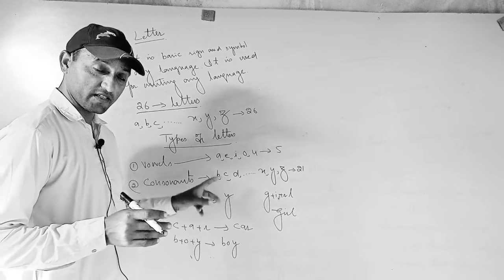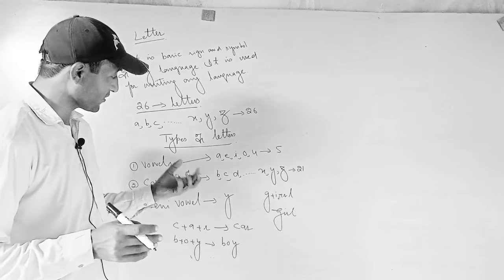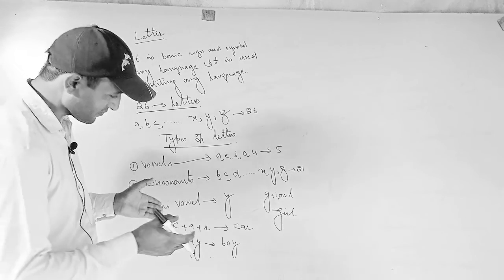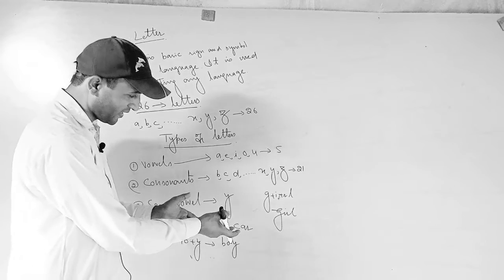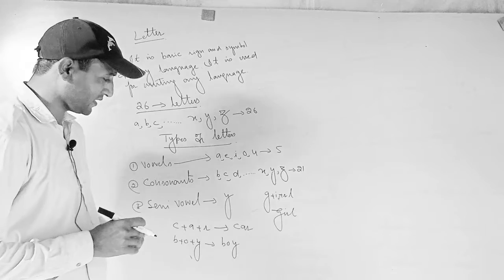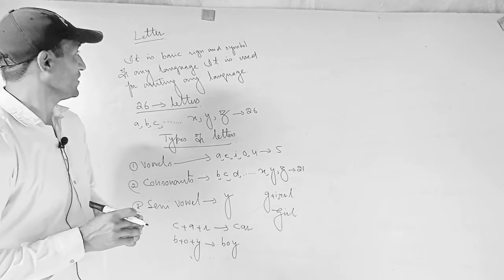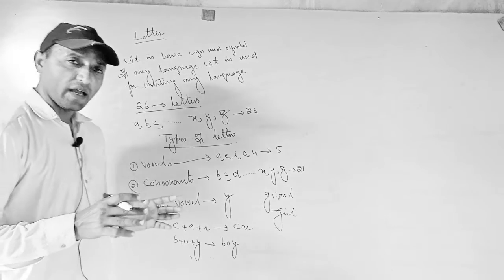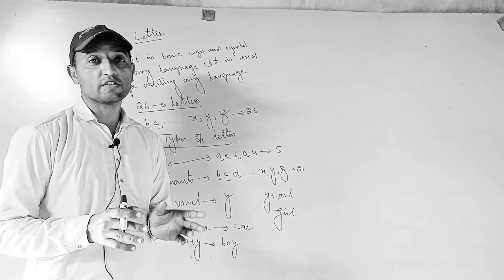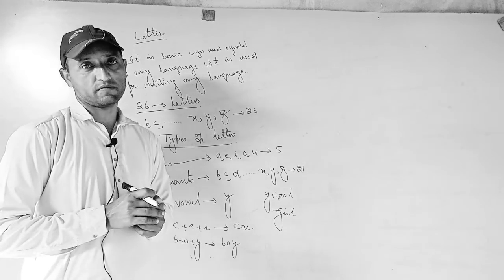This is the ability, quality and importance of letters in any language, because with the help of them we are forming the words. And another thing I tell you is that every language has its own alphabet. Clear?